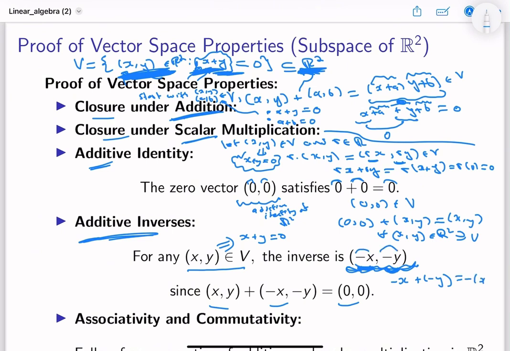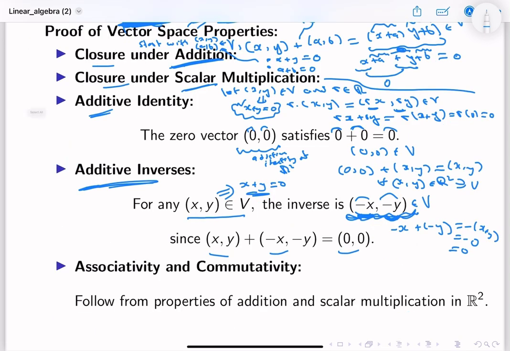This is equal to negative (x plus y), but this is equal to negative 0 because this is what we have, and thus this is equal to 0. And thus this proves that this element is in V. So inverses exist in V as claimed.